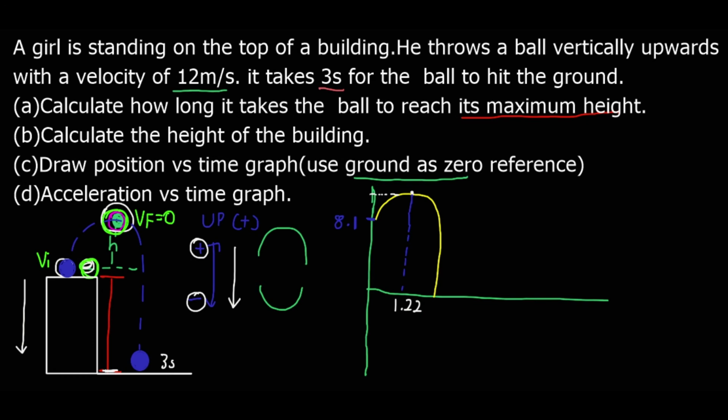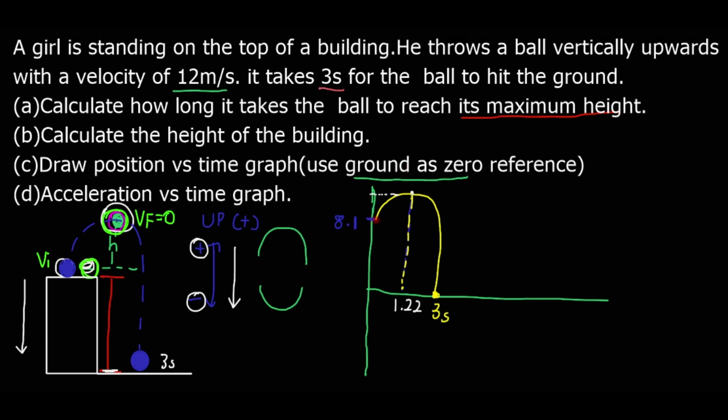And then we found the time when this object hits the ground, they gave us that the time is 3 seconds. So this point is 3 seconds. Always this is the time at the maximum height, and this one is the time it hits the ground. And remember this question says use ground as zero reference.